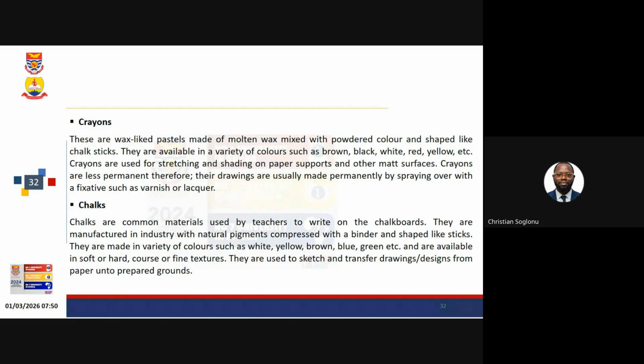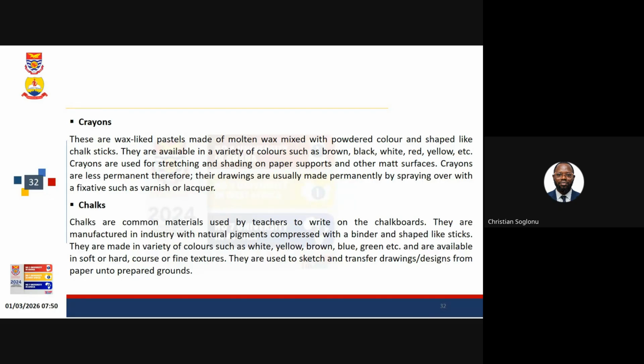A pigment is a powdered color, which determines the color of whatever medium you are using. So if you want to see the chalk yellow, it means that a yellow pigment has been added in the chalk, and then there's a binder that is bringing all those particles together to form that stick that you see.